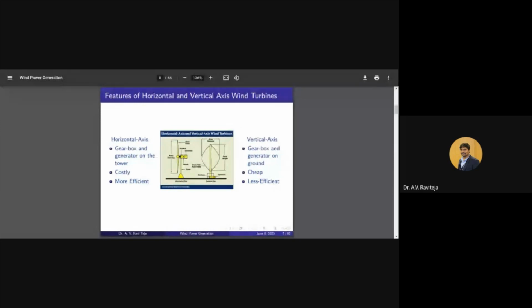Whereas if we see the efficiency, horizontal axis turbines are more efficient. Why? Because the rotation of the blades is primarily dependent on the wind at higher altitudes, whereas vertical axis turbines rotate due to the wind right from the ground to the top of the tower.